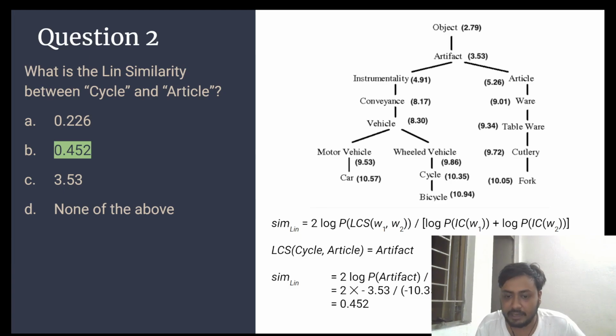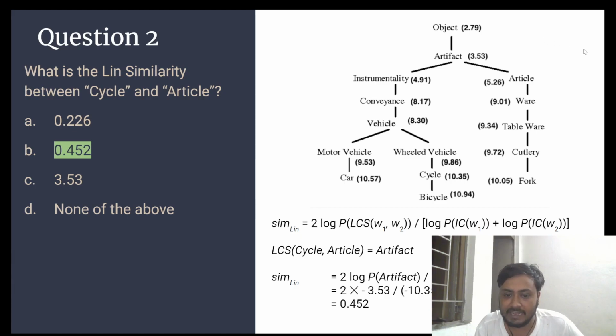However you do it, the minus sign gets cancelled out from both numerator and denominator. So we can write it as twice the IC of LCS divided by the sum of the individual ICs, or we can directly calculate from the formula. Log of the probability is minus the IC, so either way we have to do that.